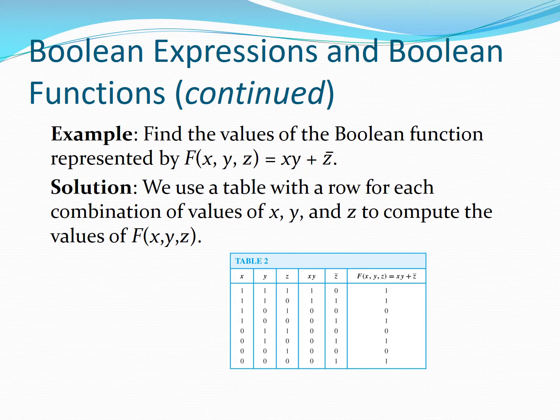This is very similar to the truth table that we built in propositional logic. Here is a table that we have, with x, y, and z. How exactly do we fill up this table? Let's take y and z. You have 1, 1; 1, 0; 0, 1; and 0, 0 until there.